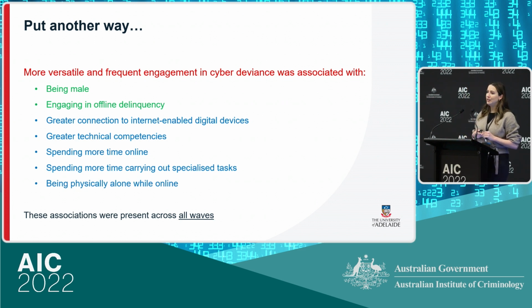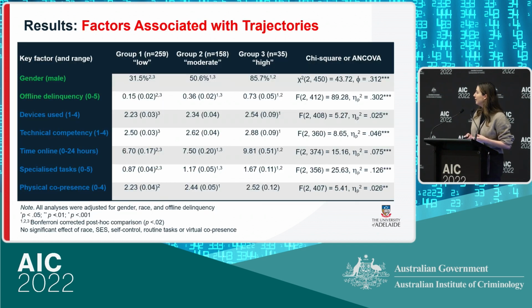They were more likely to engage in offline delinquency, so those physical delinquency variables, and they were more likely to have a greater number of devices. They had a greater skill level. They were spending more time online. For example, those in group 3 were spending almost 10 hours on average per day compared to the other group average of 7.5.